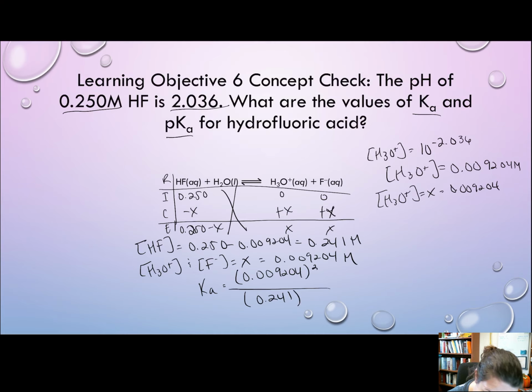Which gives the Ka value of 3.52 times 10 to the negative 4. We can then solve for our pKa by setting equal to our negative log Ka. Which gives us 3.45.